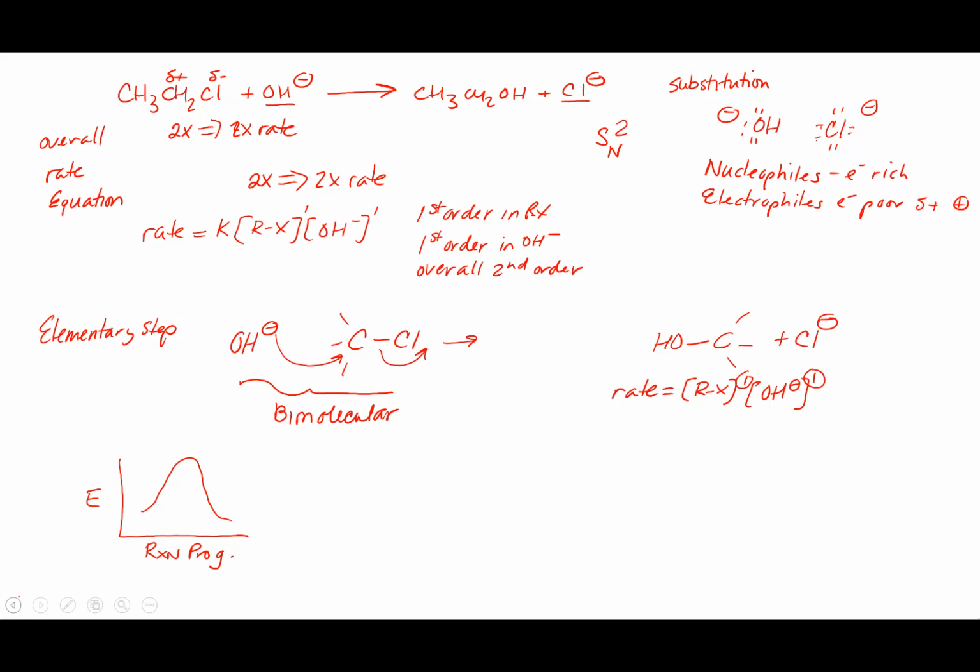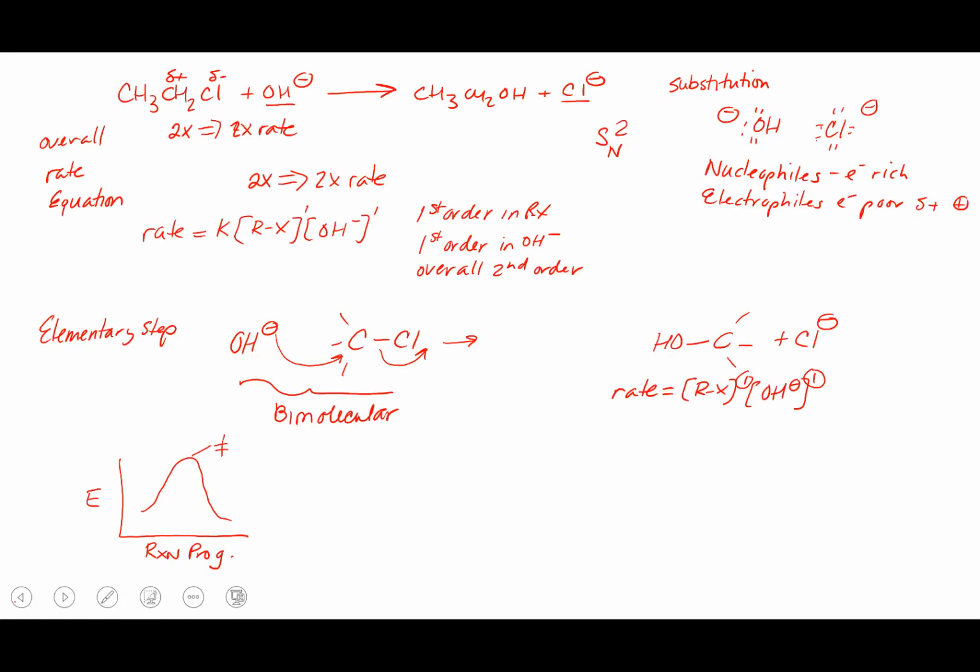So what does that look like? Well, how about a definition of what a transition state is? A transition state is a peak on the energy coordinate diagram. It is also a high energy species, which is why it's at the top of the energy coordinate diagram.